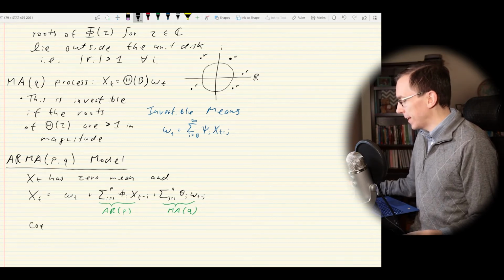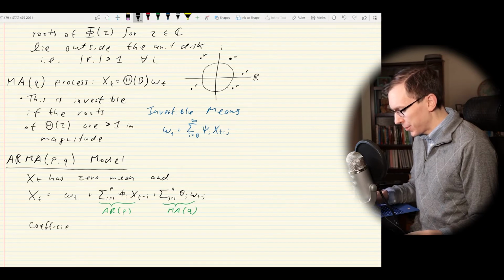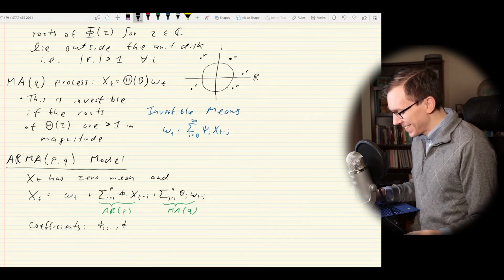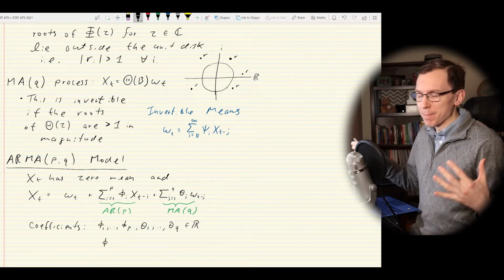Now, we have a couple assumptions. We have our coefficients phi 1 through phi p and theta 1 through theta q. These are all assumed to be real numbers.